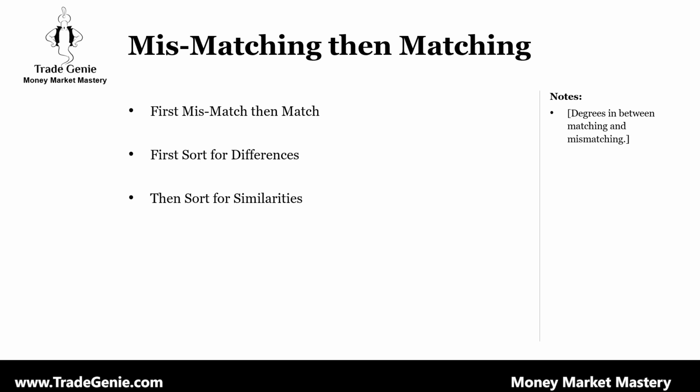But then you start looking for things which are similar. So maybe you will change your mind because the similarities take more weight than the differences. So you say, okay, I ignore that difference.